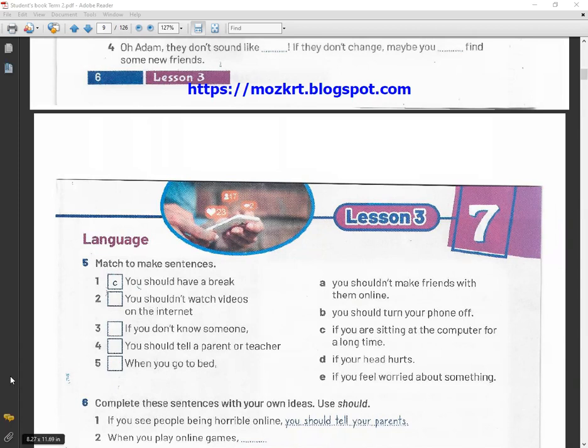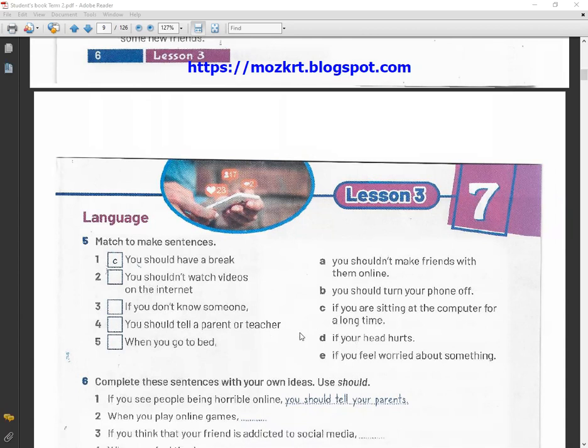It's letter A. Number 4, you should tell your parent or a teacher if you are sitting at the computer for a long time. No, it's if you feel worried about something. Yeah, that's right. When you go to bed, you should turn your phone off. That's right, excellent. Here, as you see, we use should or shouldn't plus infinitive with the first conditional for advice.